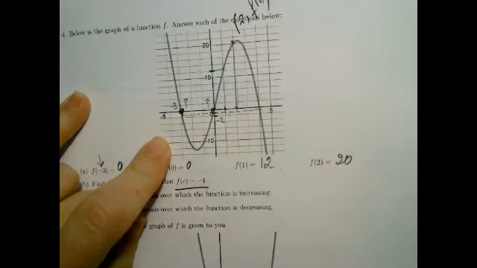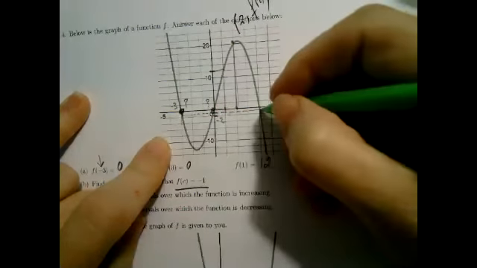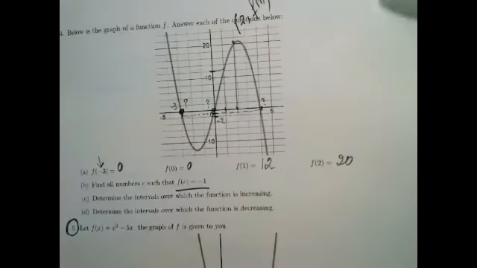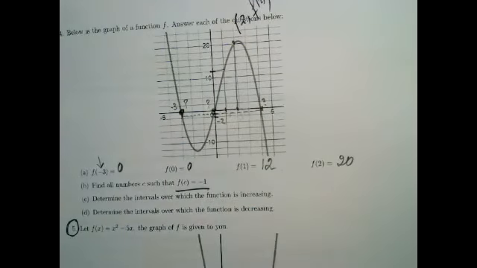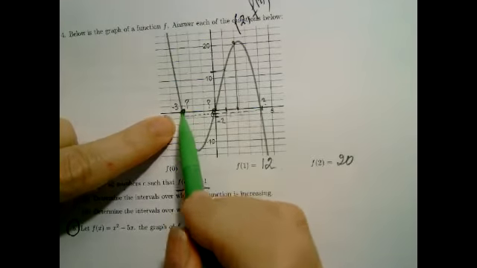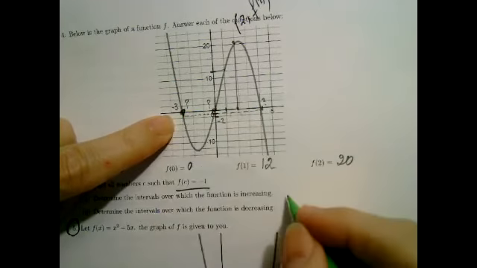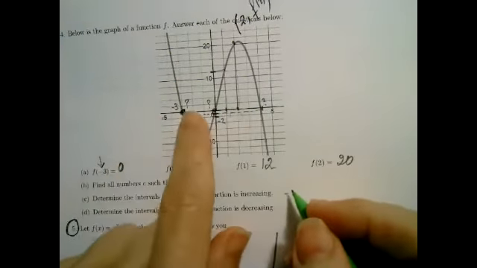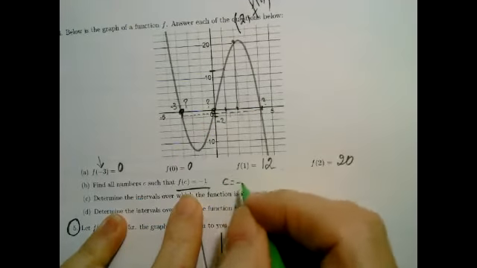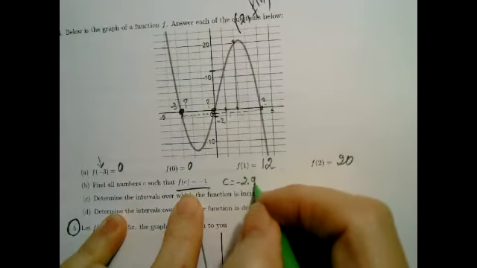I have to get closer here. On the exam, I'll give you better numbers. All right, so what's f of c equals -1? This value here, if this is -3, is a little bit less than -3. So one possibility is -2.9.